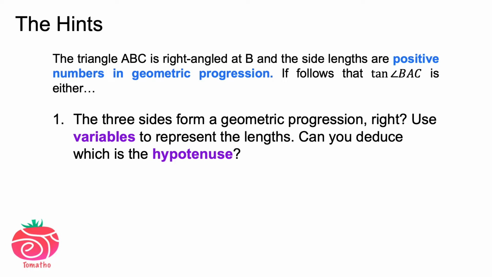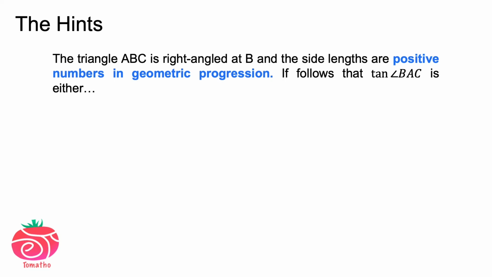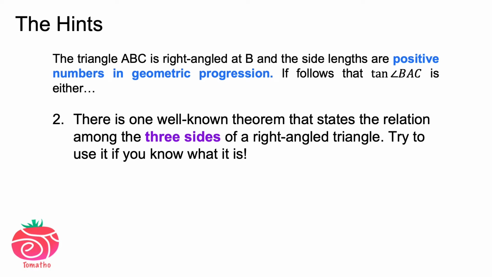Can you use variables to represent the length and deduce which is the hypotenuse? Something like this. Next, there is one well-known theorem that states the relation between the three sides of a right-angled triangle. Try to use it if you know what it is.